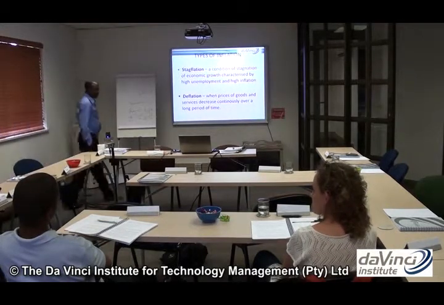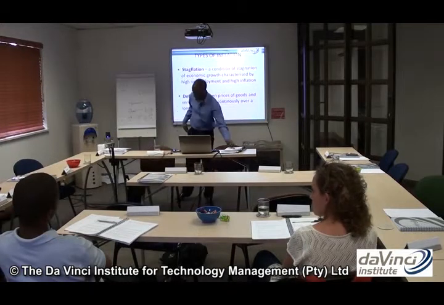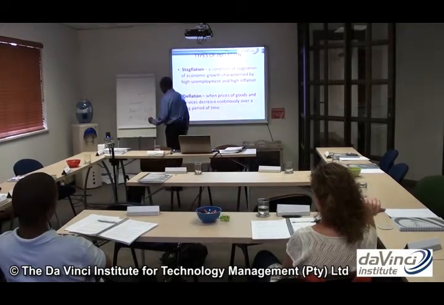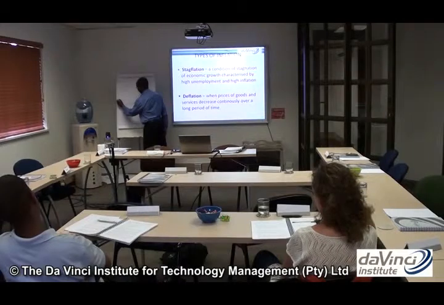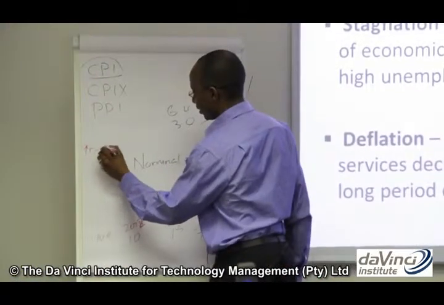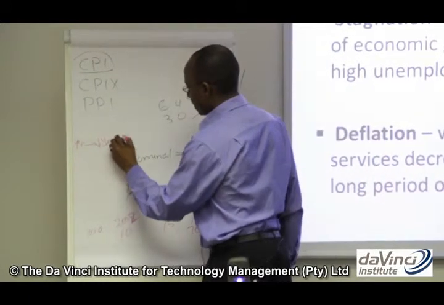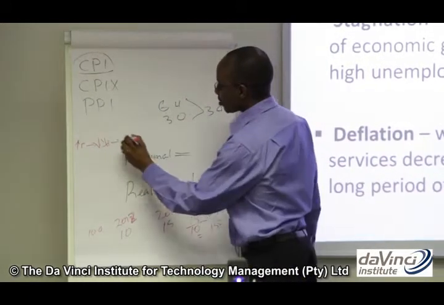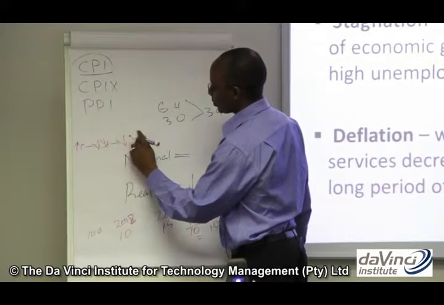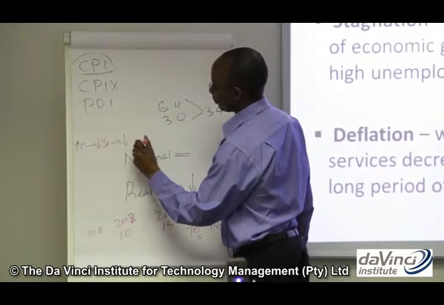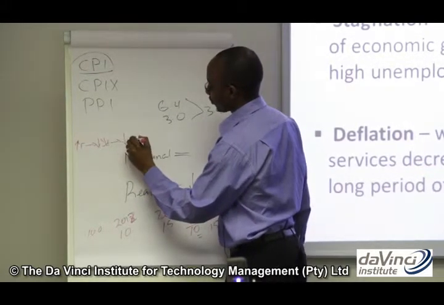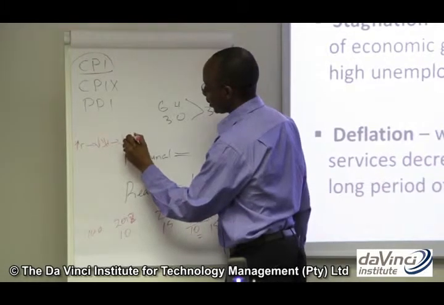Okay. So what are we saying briefly? We are saying this. You increase interest rates, you reduce disposable income. When you reduce disposable income, you will reduce GDP.